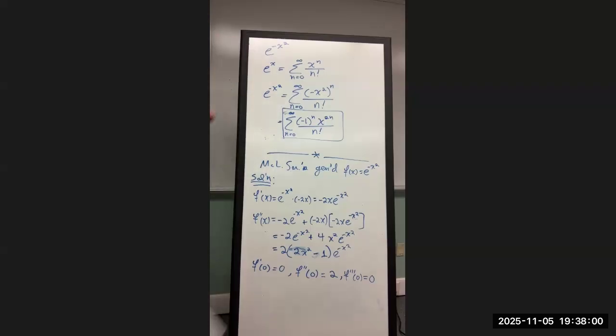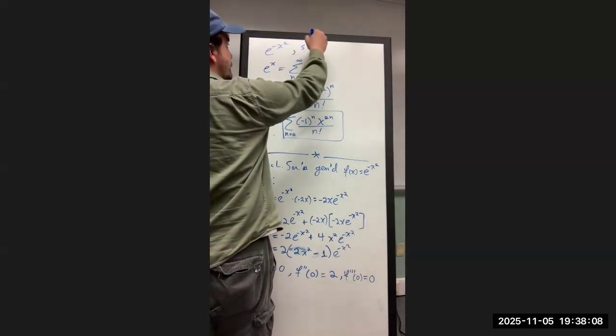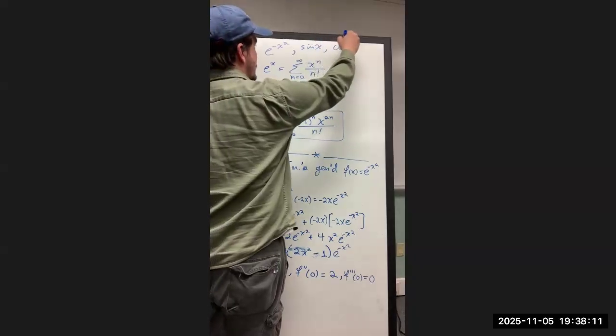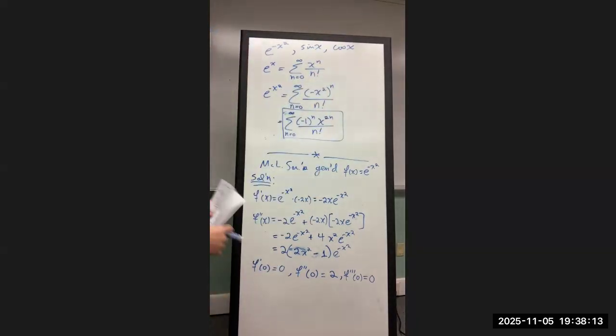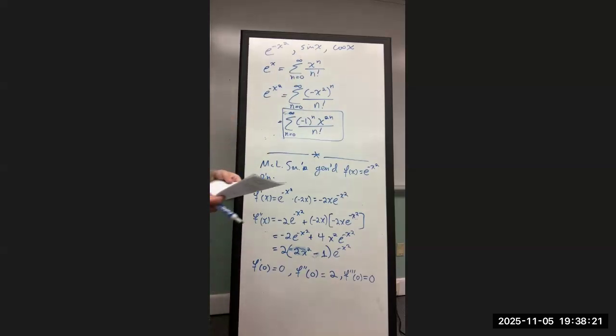So bear that in mind. We've already derived some of these canonical series, right? We've derived the series for sine. We've derived the series for cosine. So if I ask you what's the series of sine of x squared, you can use the same trick. If I ask you what the series of cosine of 2x is, you can use the same trick.